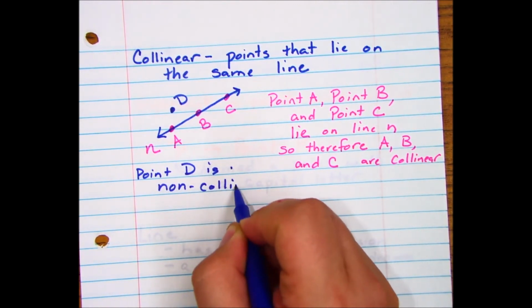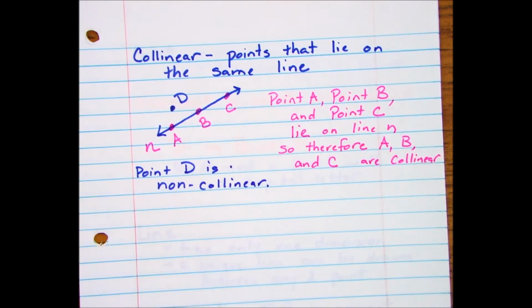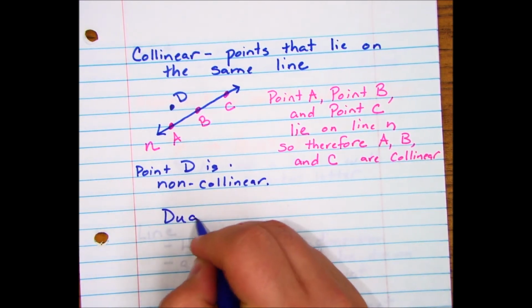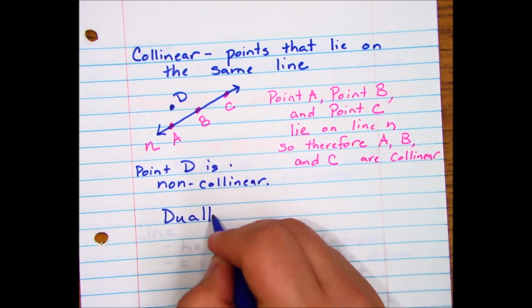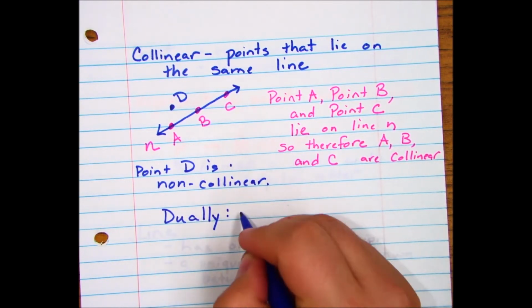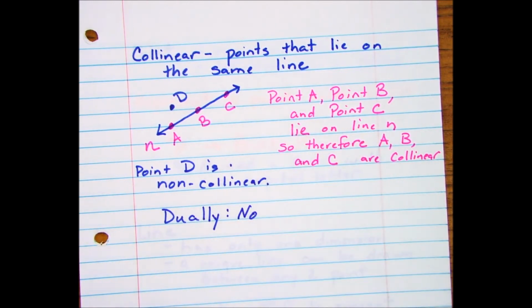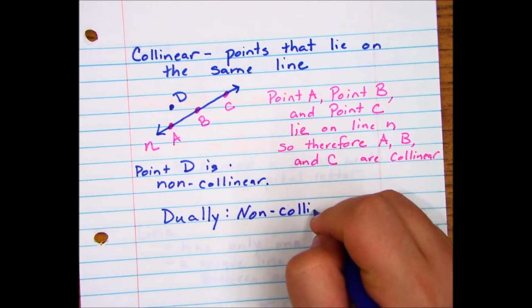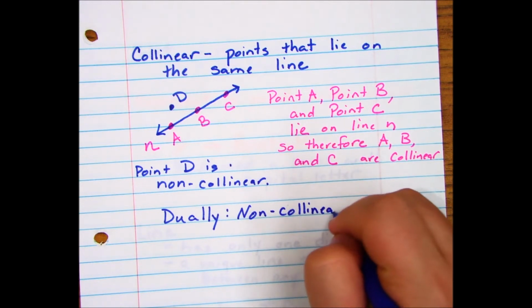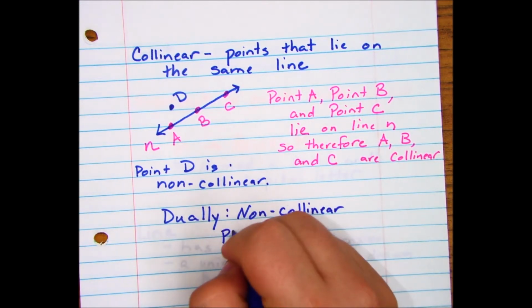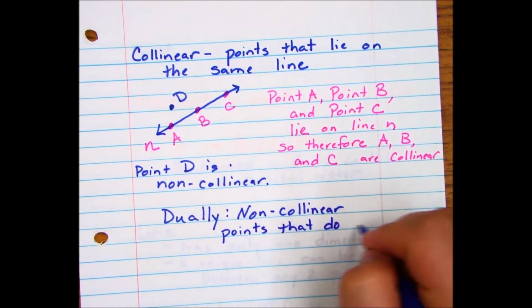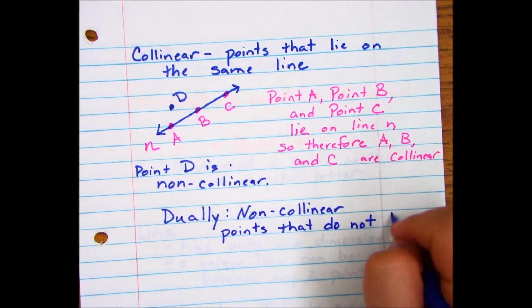Non-collinear is the duality or the opposite of collinear. And it just means points that do not lie on the same line.